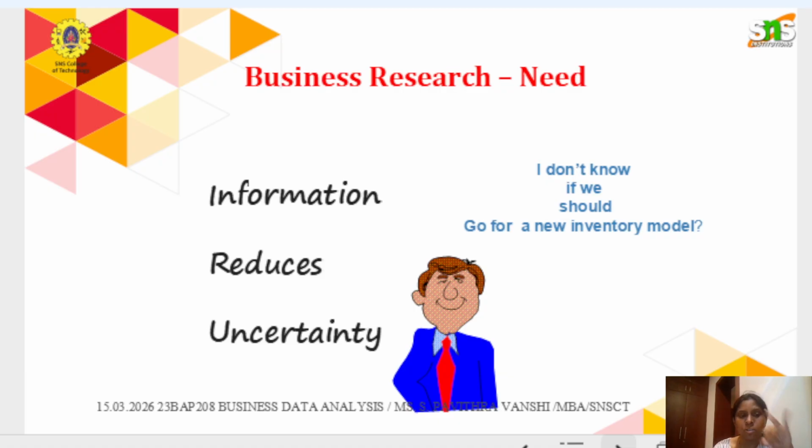It should reduce uncertainty. So information reduces uncertainty. I don't know, for example, whether we should go for a new inventory model. These are the things which our mind will work upon with the information.